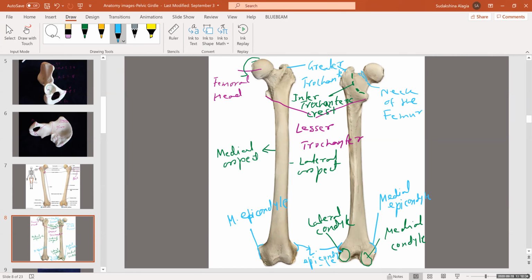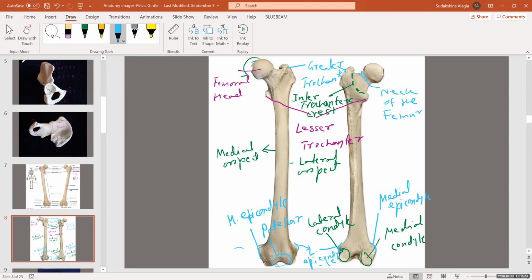Something else. We see a structure on the anterior aspect only, which is the patellar surface. The patellar bone is a sesamoid bone, meaning it grows on a ligament. This is the patellar surface. What we call our kneecap, basically that's the patella. This is where the patellar bone will go, like this.